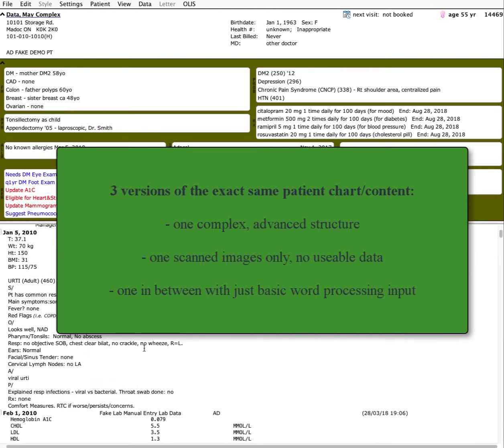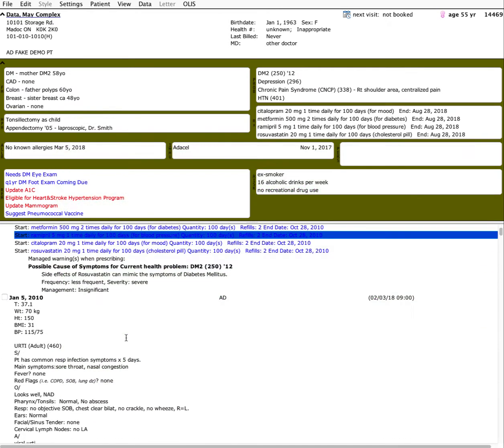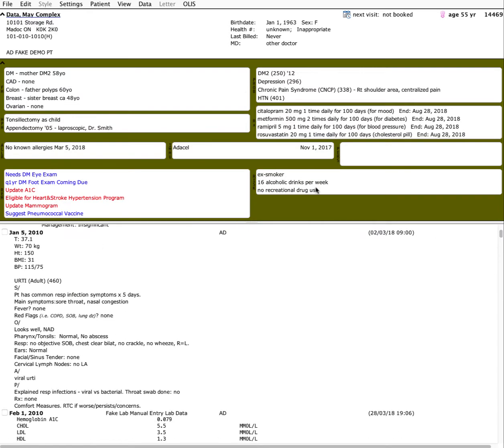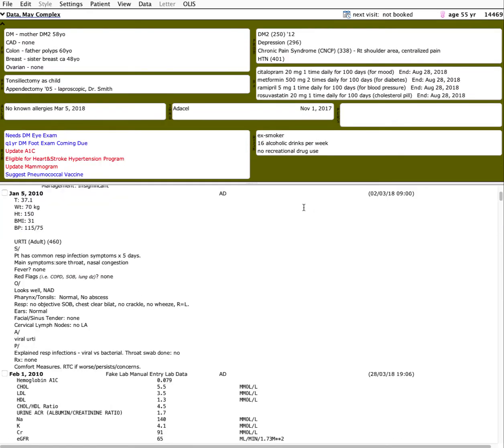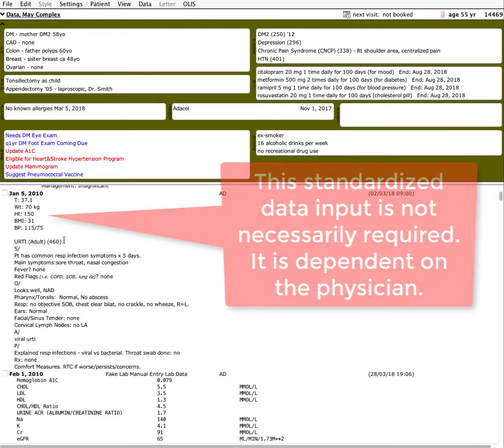For this video, I'm just going to focus in on this January the 5th, 2010 visit. I'm going to minimize that, but we'll see that the person was in with a respiratory infection. Up here, the vital signs are all documented in a standard format that's usable by the EMR.